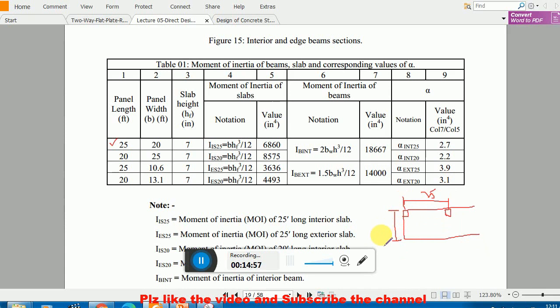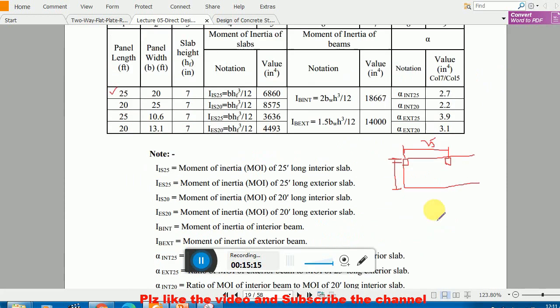That is 20 divided by 2, so 10, and up to the center you have to count it from that edge. So that is 10.6 inches. Similarly, if you are taking 20 feet for the exterior frame, then it is 25 divided by 2, plus h by 2, I think so.